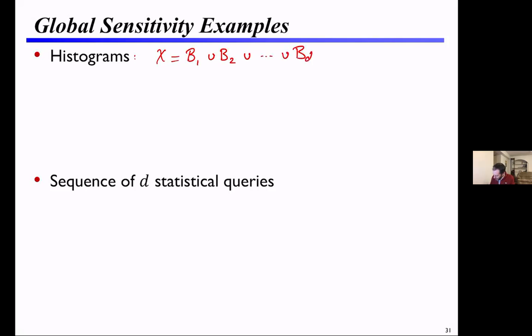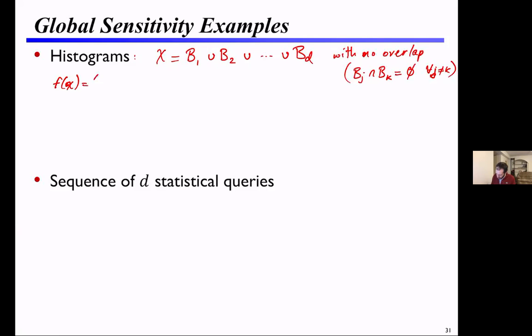So we can write this data universe as a union of different sets, B_j, with no overlap, so that B_j intersect B_k is equal to the empty set for all j different from k. We're just splitting up the data universe into d pieces, and our function is the histogram of how many points land in each of these pieces.